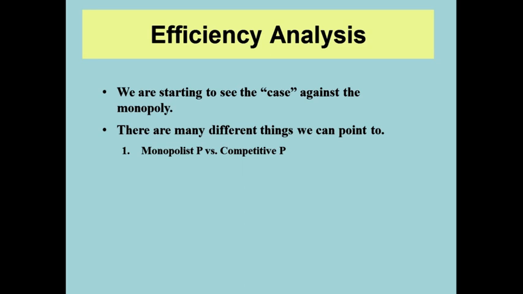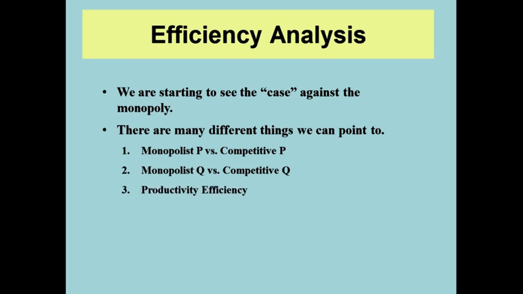The monopolist, right? And we can point to output. We can look at the monopolist's output versus the competitive market's output. And again, I'm not talking about competitive firms, I'm talking about the market. Again, who produces more and who produces less? Well, with monopolists, we learned about contrived scarcity. Artificial scarcity is being created by the monopolist.